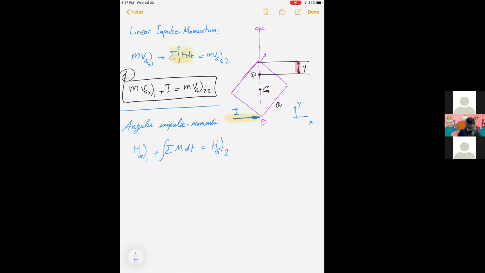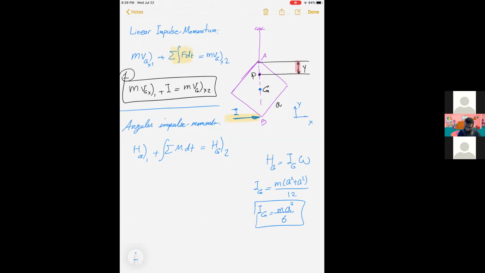And H about G is going to be I_G omega. How much is I_G for a rectangle? Do you guys remember? For a rectangle with sides A and B, you have m (A squared plus B squared) divided by 12. Now you have A, so technically it's going to be m (A squared plus A squared) divided by 12, right?